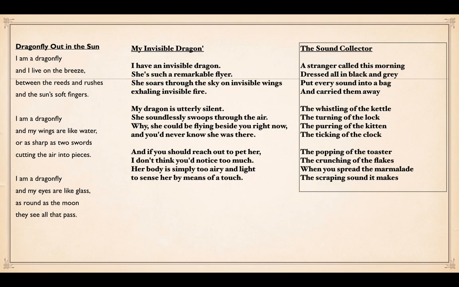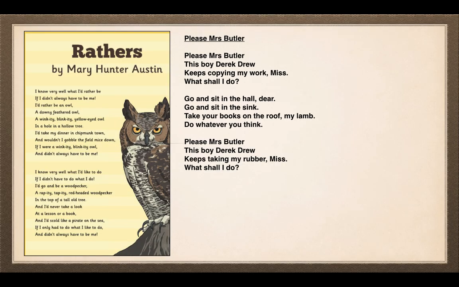Did you like that poet's particular style of poetry? So you need to decide, would you select one of these three? Or we're going to go over to the next page shortly. So it's up to you to decide which style of poem you preferred.